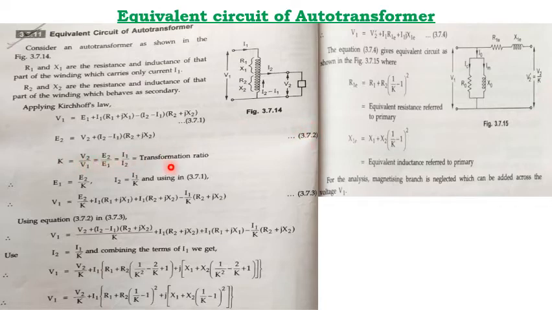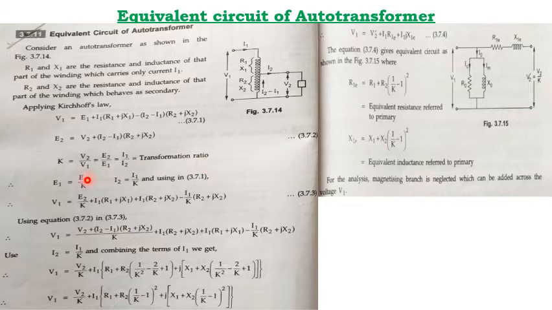Now this is the general expression of the auto transformation ratio. This is the voltage ratio, this is the induced EMF ratio, and this is the current ratio. K is equal to V2 by V1, which is equal to E2 by E1, which is equal to I1 by I2. This is the transformation ratio we generally know.